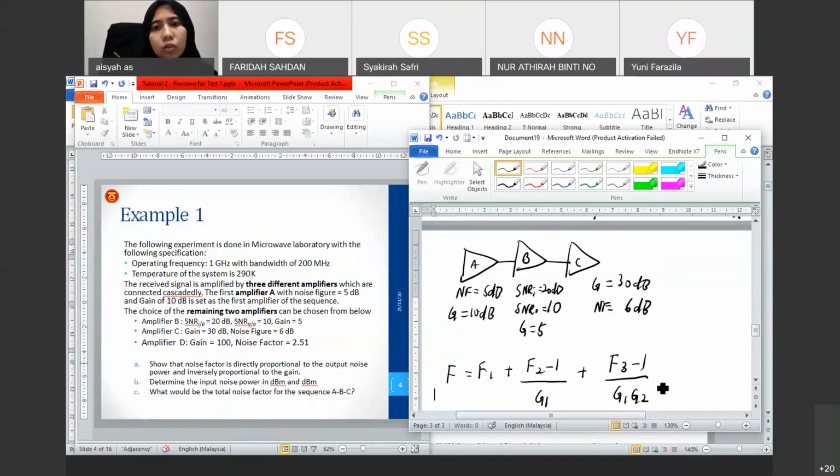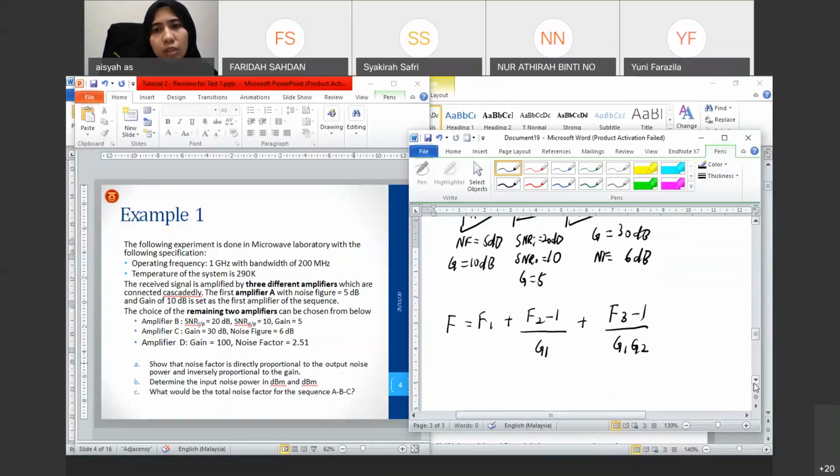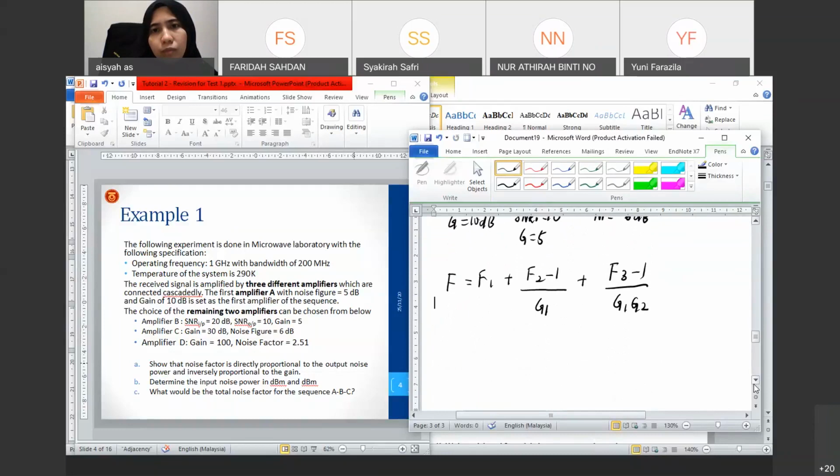And for this one, use dB or not use dB? Not use dB. So this one needs to use linear form.